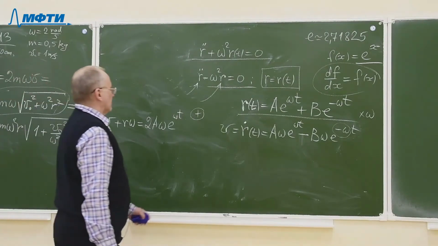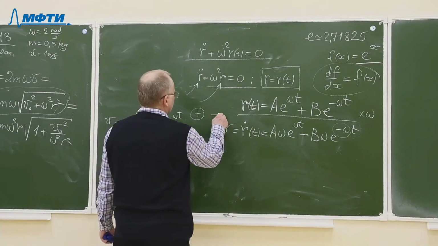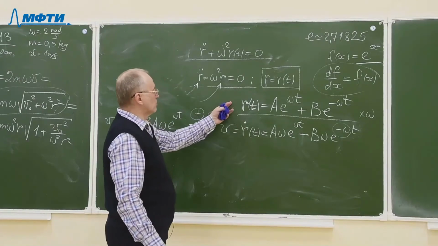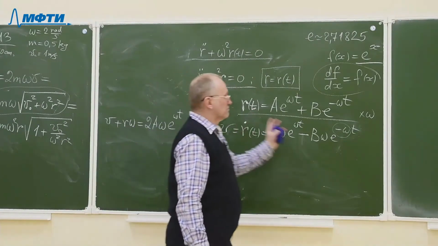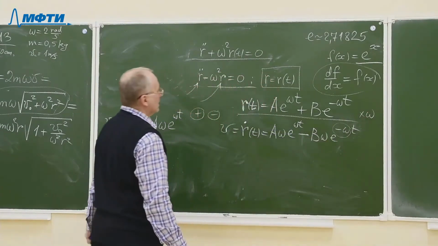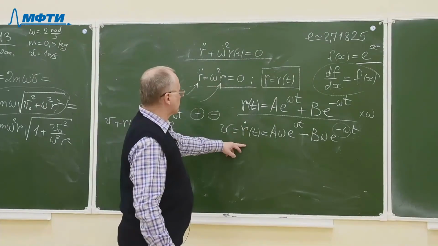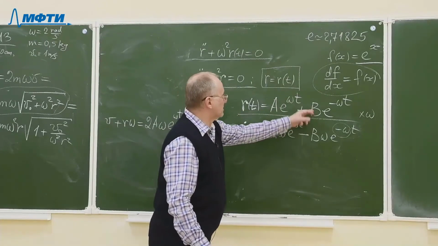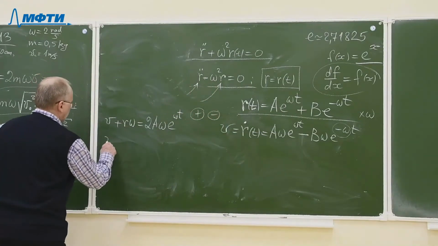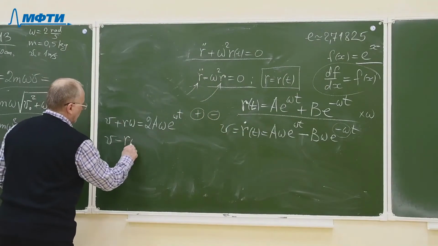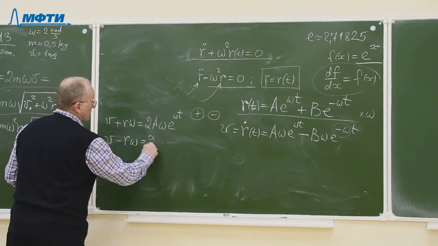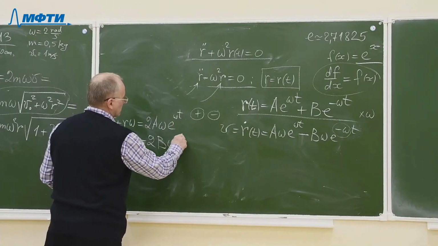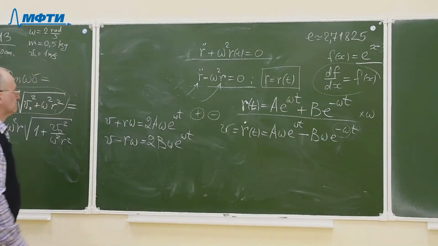Now I will find the difference between these two equations. I will subtract the second equation from the first one, which was previously multiplied by omega. In this case, if I subtract the second equation, the first term will cancel, and the second term will appear as double b omega exponent omega t.